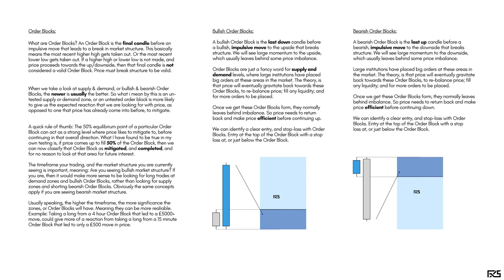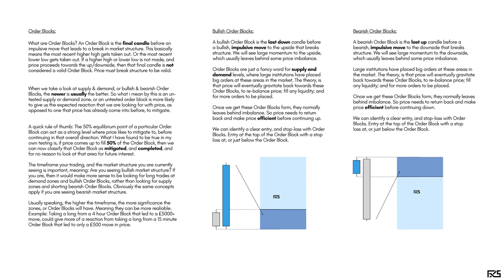So an impulsive move up or down which doesn't break any significant market structure is not considered a valid order block. When we take a look at supply and demand, or bullish and bearish order blocks, the newer is usually the better. So the fresher the order block, usually the better and more significant it is to us.